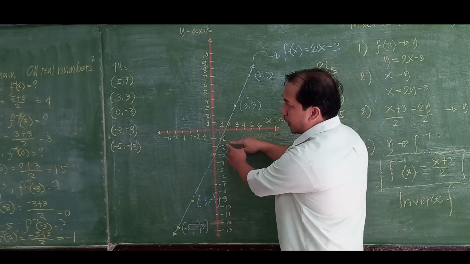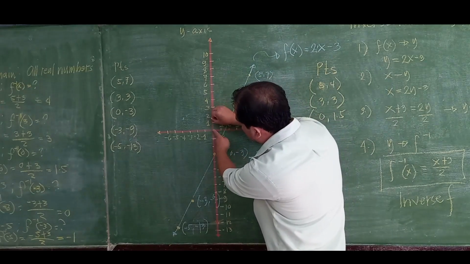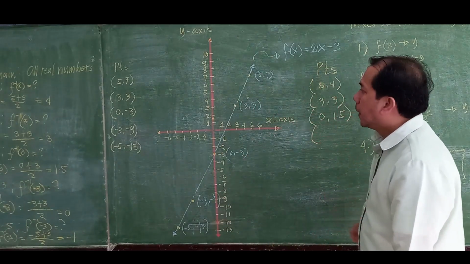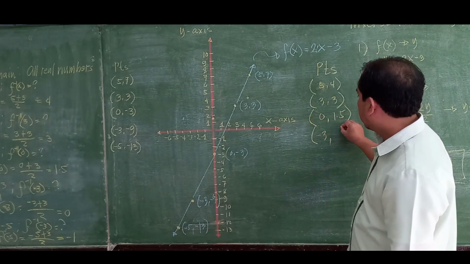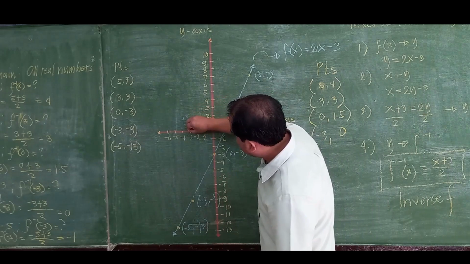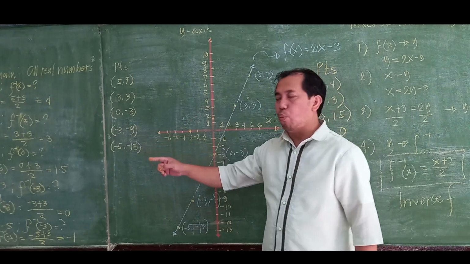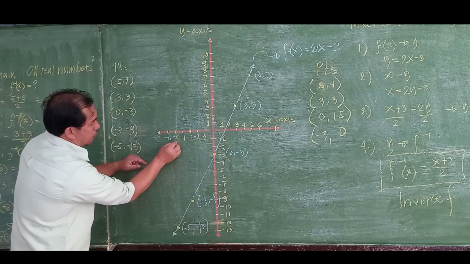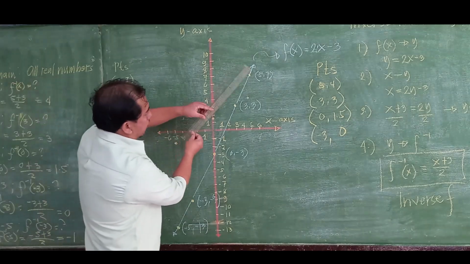The x is 0, and 1.5 is here. Another, that is negative 3 and 0. Where is that? Negative 3, here. Now, after that, we have negative 5, negative 1. After that one, there's a time we're going to connect them.